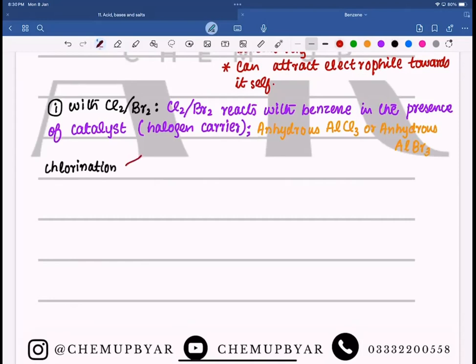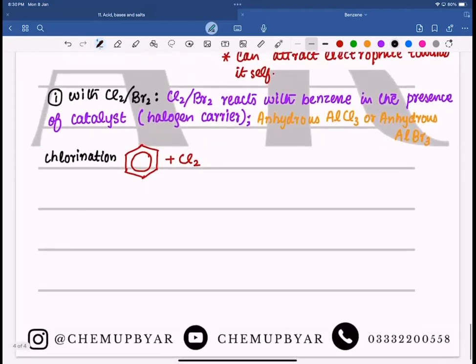In chlorination, benzene reacts with chlorine in the presence of that catalyst, which is anhydrous aluminium chloride or anhydrous aluminium bromide.